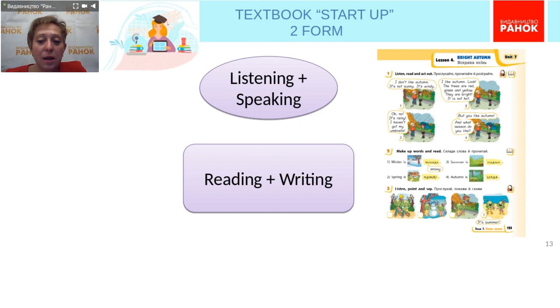And the second exercise is like a puzzle, because our pupils use reading skills and writing skills. They need to read and to make up the word using letters, and then write these words. So we practice reading, writing, and vocabulary as well.